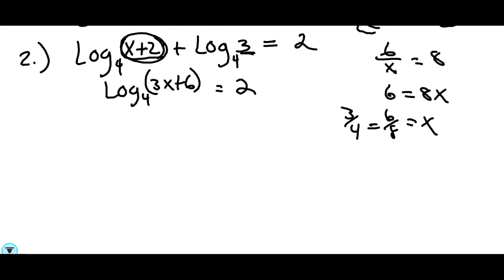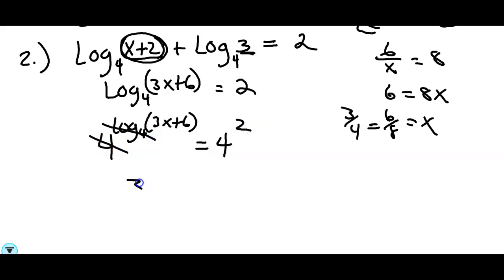And so we would have 4 to the log base 4 of 3x plus 6 equals 4 squared. Those cancel. And from there, you just solve what's left. Minus the 6 and divide by 3. You should end up with 10/3.